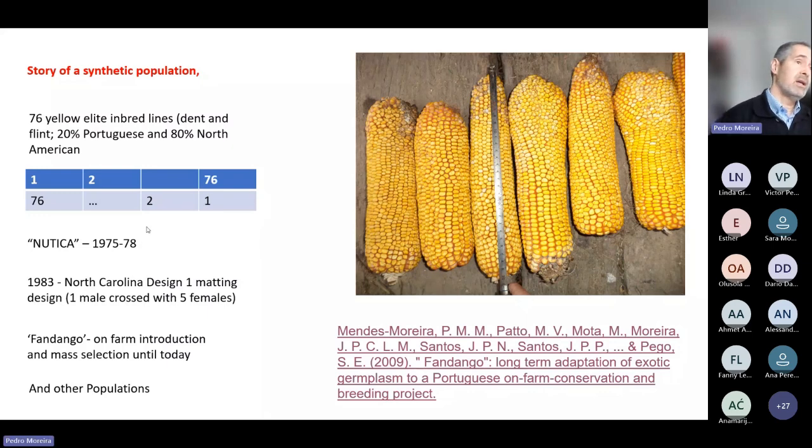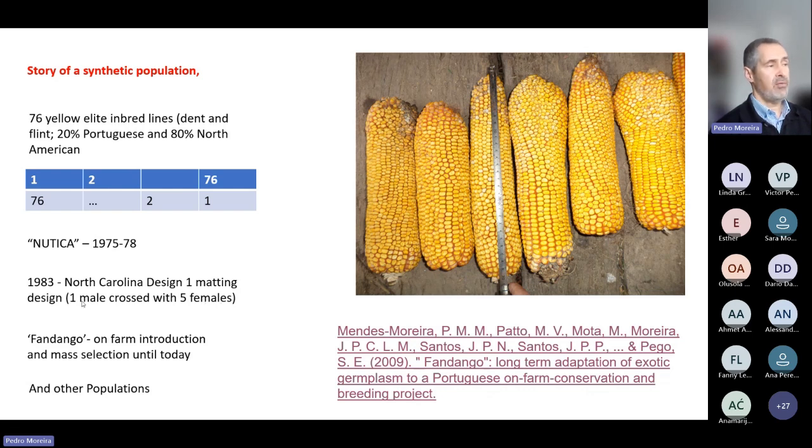Then, later on, it was needed to make some genetic studies, for which the North Carolina design was used. That means that there was a mating, one male crossed with 5 females.